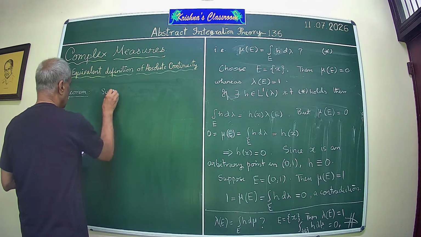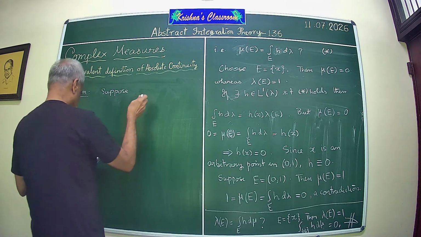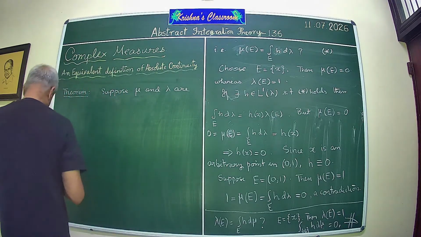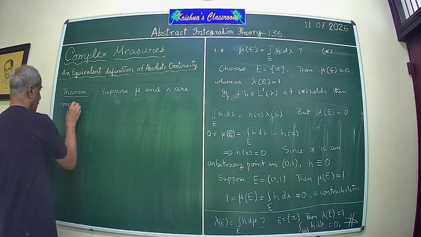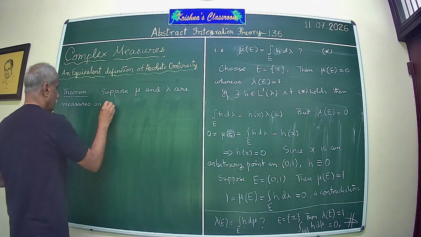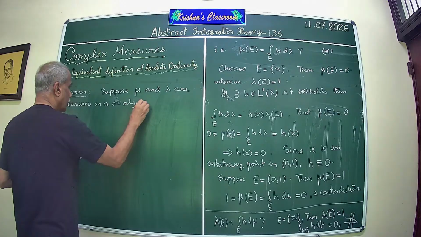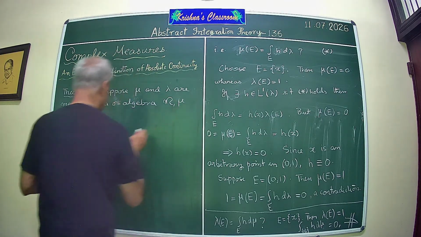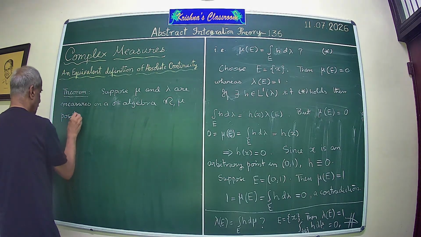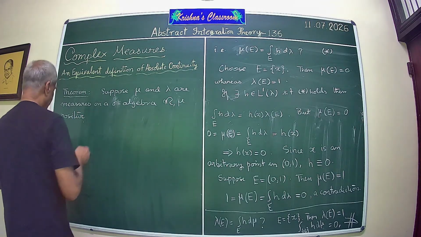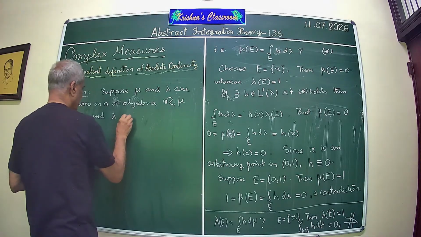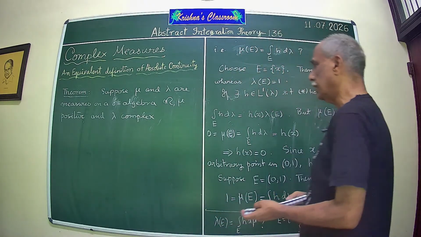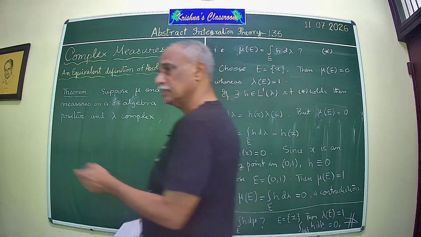Suppose mu and lambda are measures on a sigma algebra M, mu positive, and we are dropping the condition that mu is sigma finite.